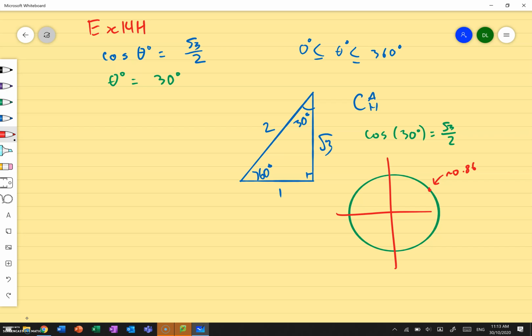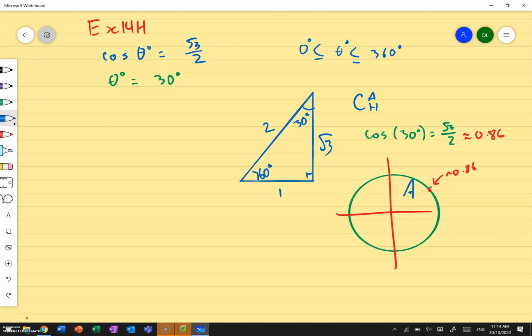And we're saying that's root 3 on 2, right? So about 0.86. Now, if I keep going through the circle, where is it going to give me another positive value of cosine? Because remember, in the question, it says positive root 3 on 2, not negative root 3 on 2, but positive. In the first quadrant, it's going to give me a positive value of cosine or x.